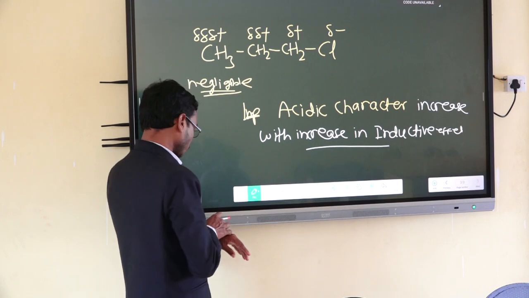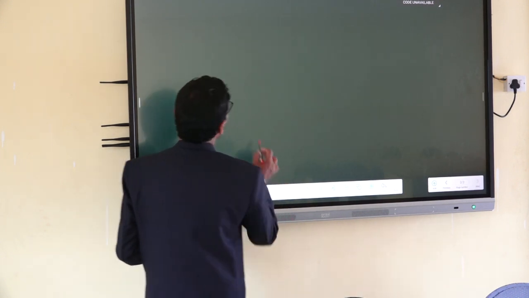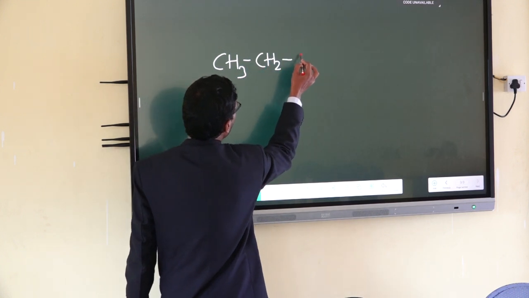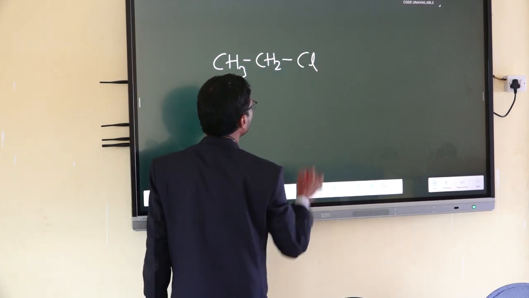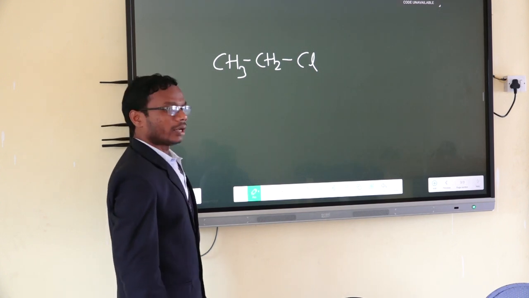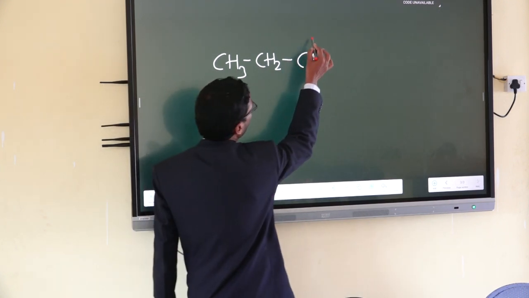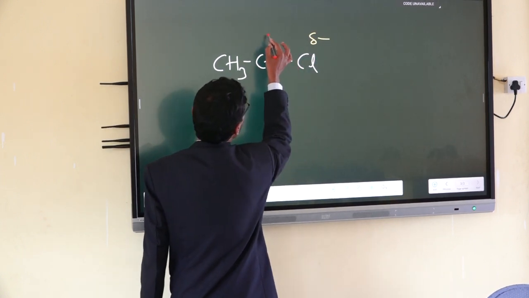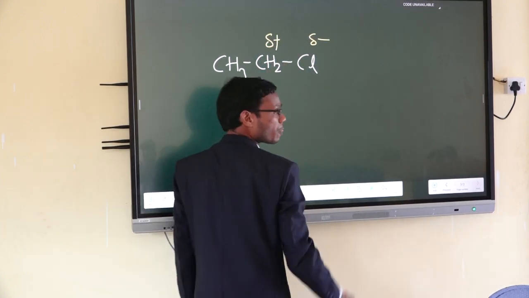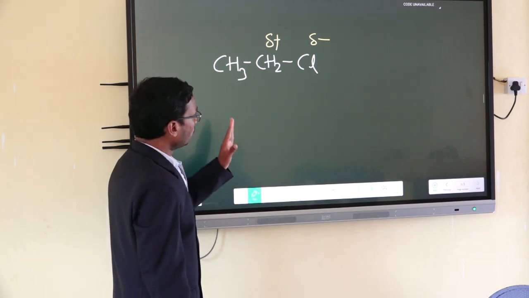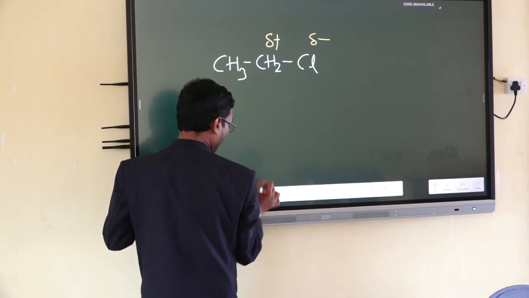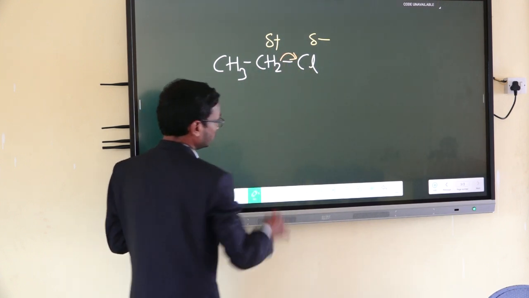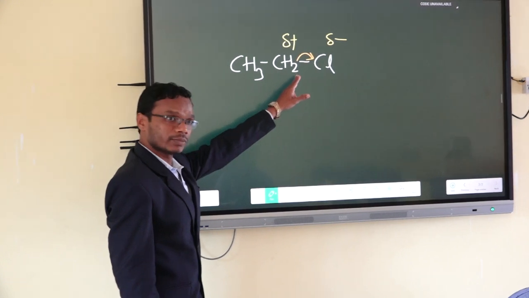Okay, now the last topic. Take CH3, CH2 and Cl. According to the inductive effect, this carbon becomes partially positive and Cl becomes partially negative. Yes or no? The electron cloud shifts in this way.